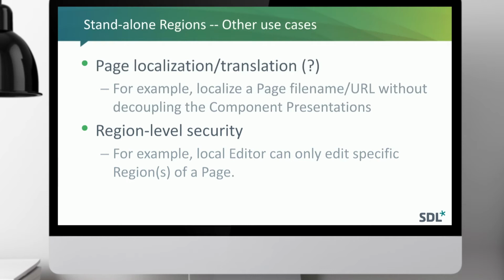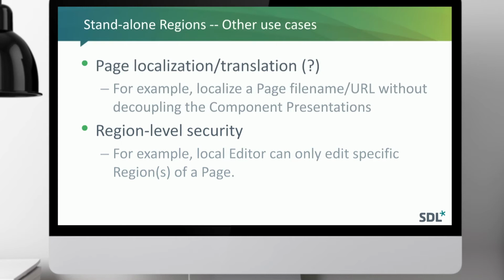Standalone regions could be used for that use case. Let's say I create my component presentation, which I do not want to decouple, and put it in a separate region entity. If I then localize the page, I don't localize that region entity, so I can translate the page URL, but not immediately decouple all component presentations.